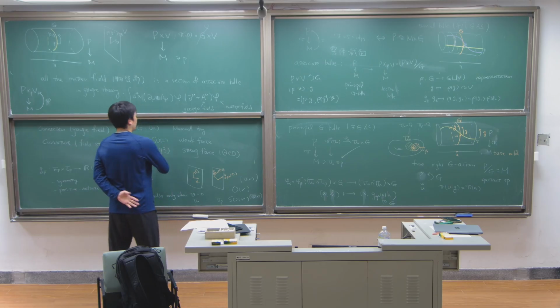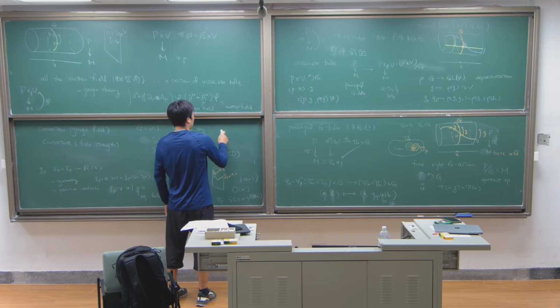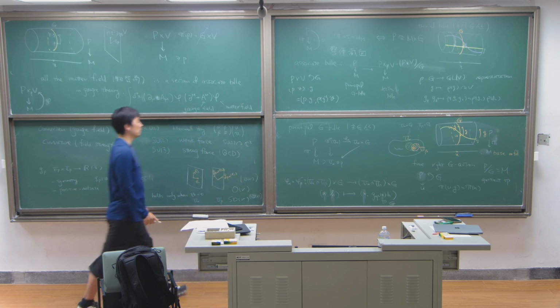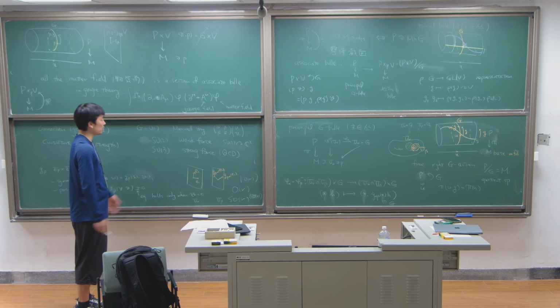So if you take the standard representation rho, the doublet, SU2 is something like alpha, beta, minus beta bar, alpha bar, that acts on C2. This is the standard representation, or in physics it's called the fundamental representation.